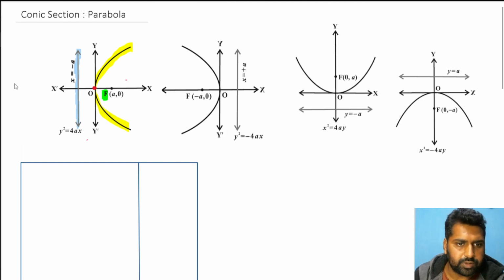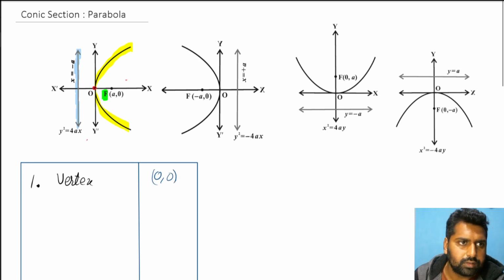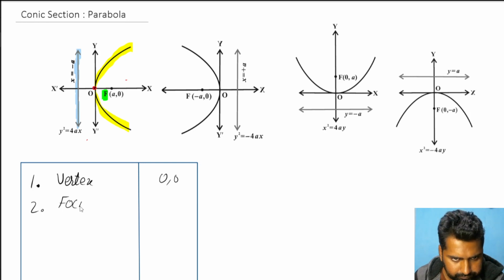So first point, vertex. The vertex is the point about which the parabola is turning. I was talking about the origin, so the vertex is 0, 0. Second point we have to consider is the focus.